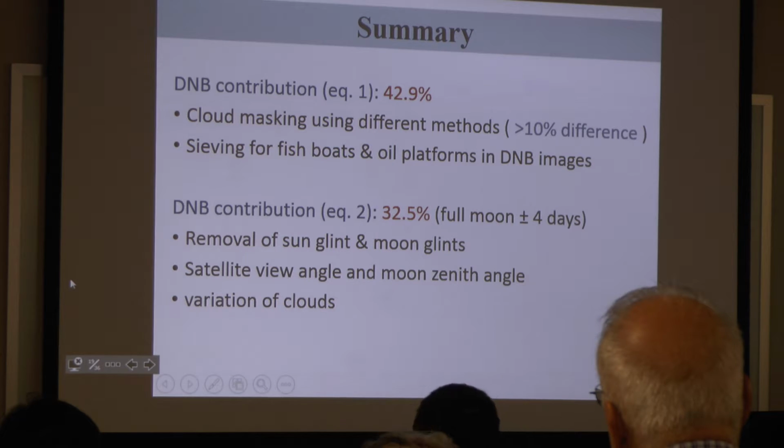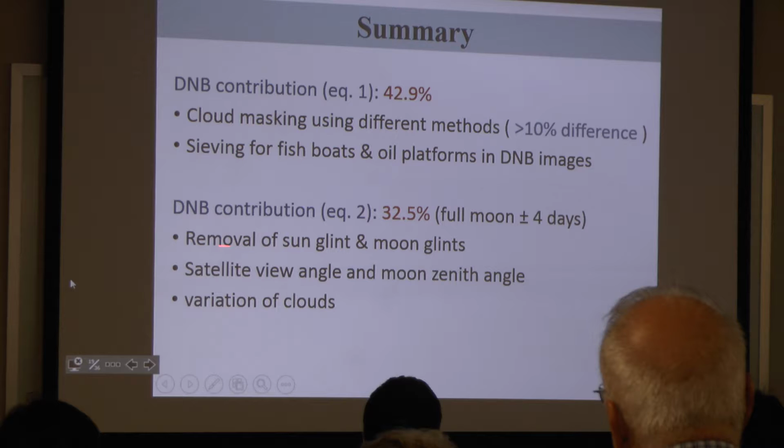One factor that influences daylight band's ability to detect the turbidity pattern is the amount of moonlight at night. Most of the available images are within the 4 days before and after the full moon. After removing sun glint and moon glint pixels, daytime observation still contributes more turbidity pattern detection.